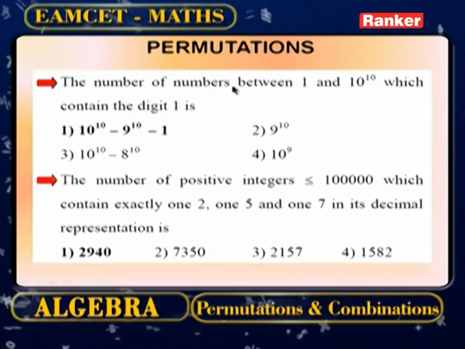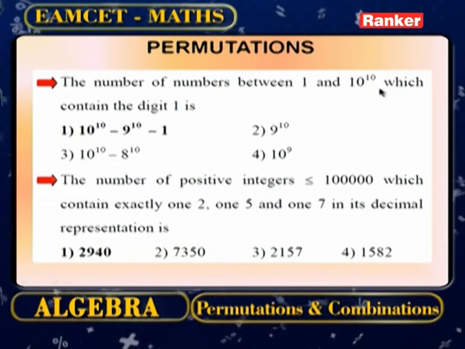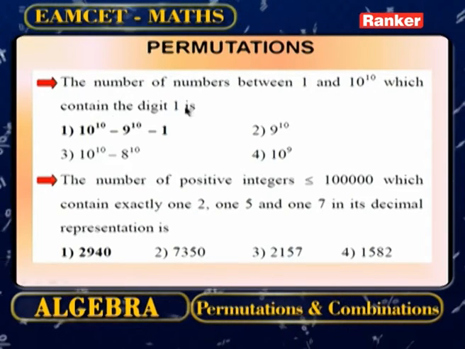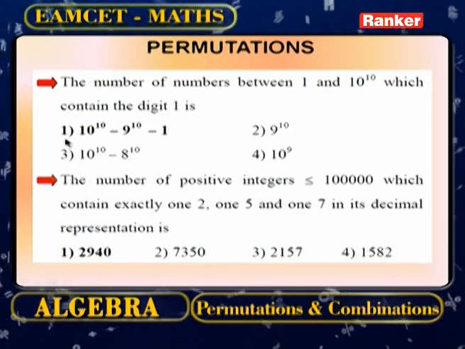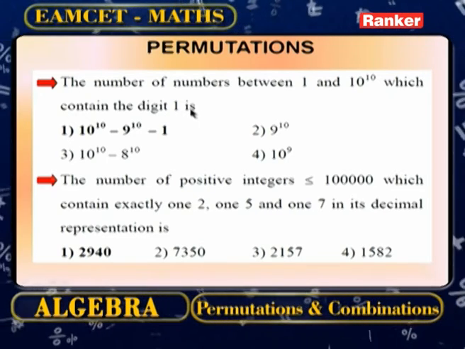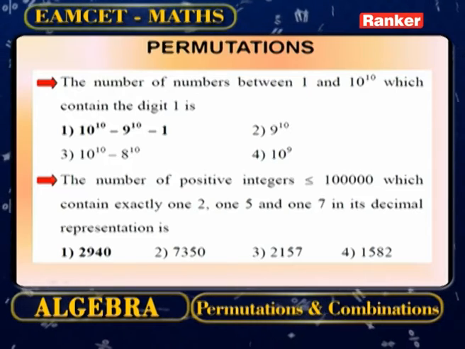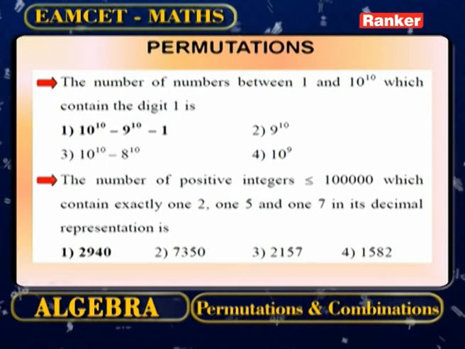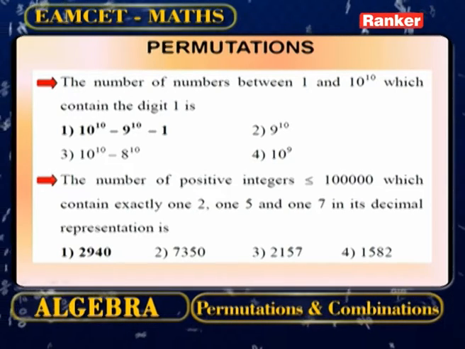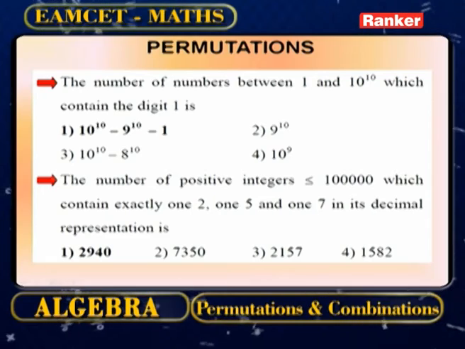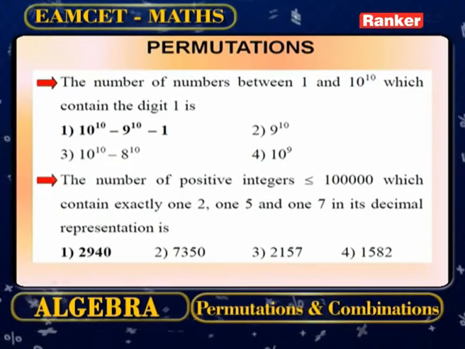The number of numbers between 1 and 10 power 10 which contain the digit 1 is. Similar model: we write all the numbers and we subtract those numbers that do not contain the digit 1.